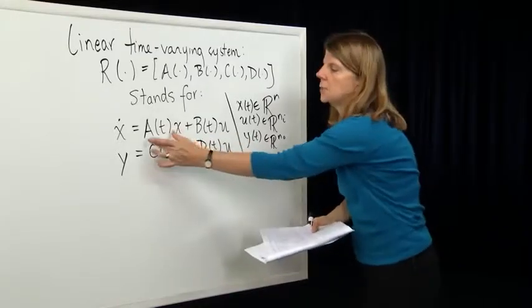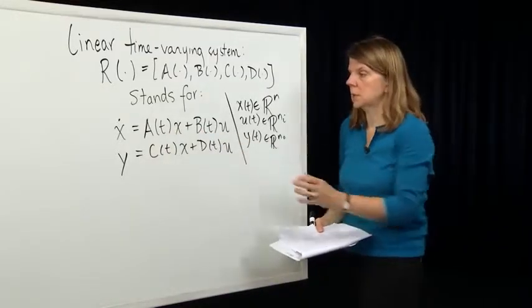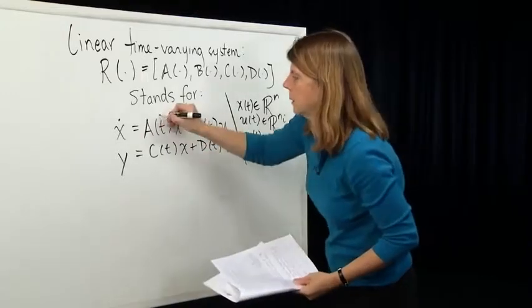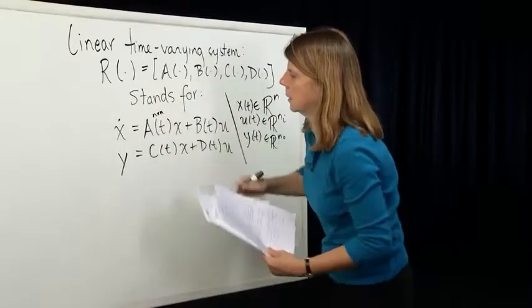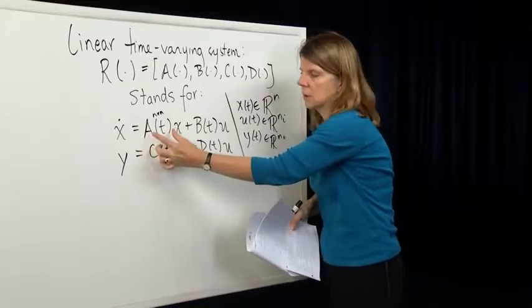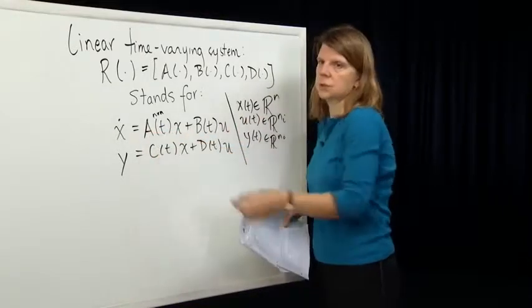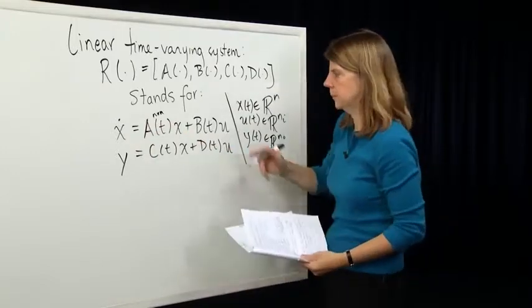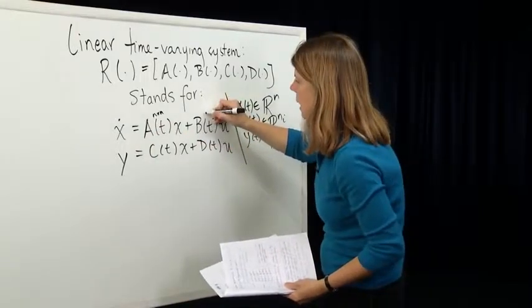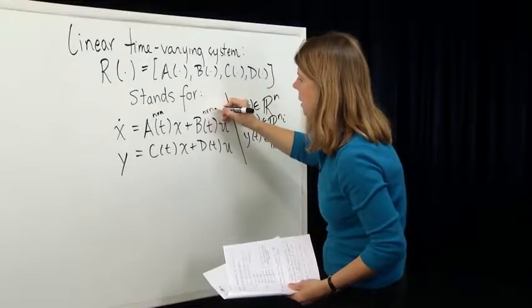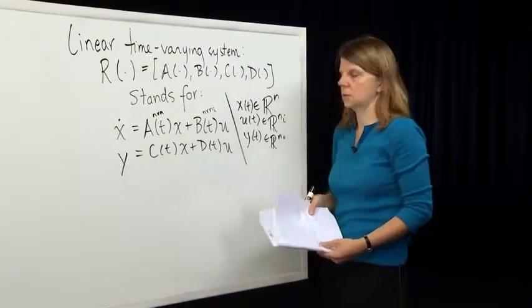So then the dimensions of the corresponding matrices, A is an n by n time-varying matrix. Okay, so what that means is it's a matrix whose entries themselves are time-varying. So the coefficients of that matrix can depend on time. B is an n by ni dimensional matrix.